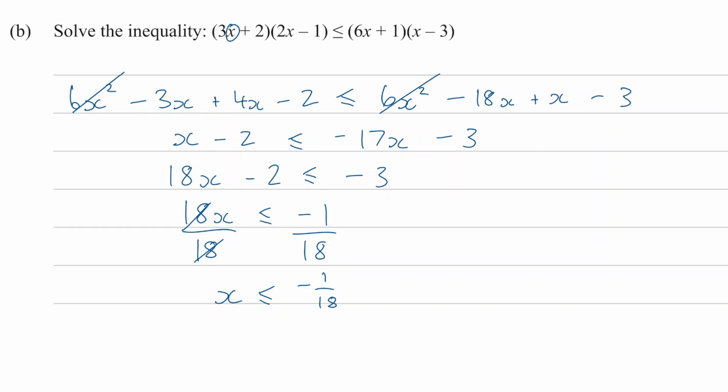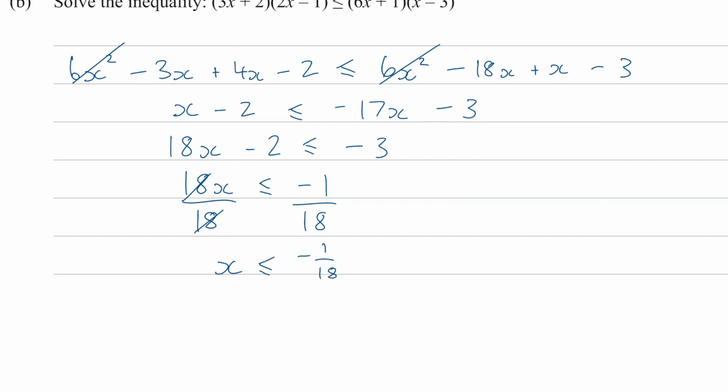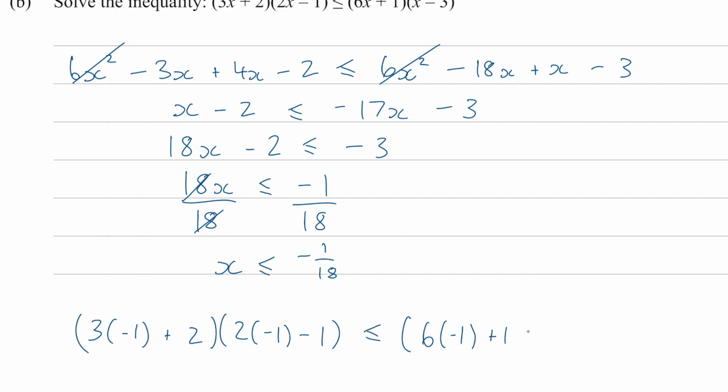So in for x, let's replace all of those terms with negative 1. So 3 times negative 1 plus 2, times 2 times negative 1 minus 1, less than or equal to 6 times negative 1 plus 1, times negative 1 minus 3.